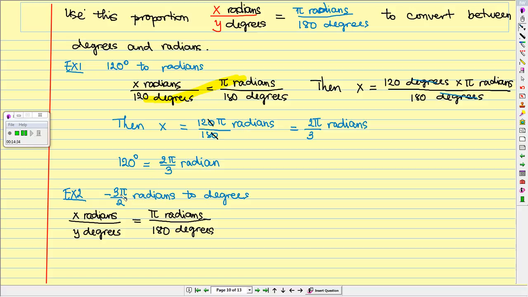Okay, so I'm going to go ahead and substitute x with negative 3 pi over 2 radians.